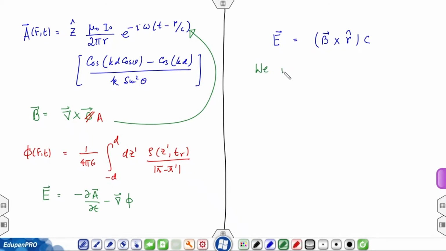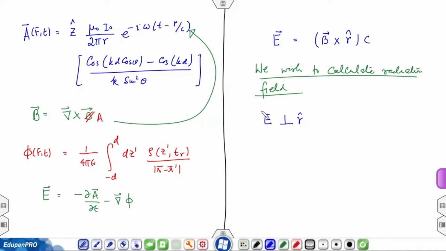So, we wish to calculate radiation field, which from whatever you have done is going to be E perpendicular to r and B also perpendicular to r unit vector. So, whatever calculation we do for E and B from these potentials, finally, we have to take the perpendicular component.